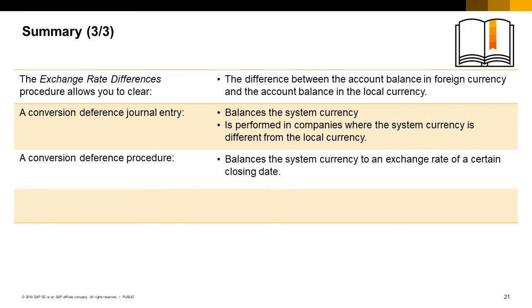The exchange rate differences procedure allows you to clear the difference between the account balance in foreign currency and the account balance in the local currency to a certain date. A conversion difference journal entry balances the system currency. It is performed in companies where the system currency is different from the local currency. A conversion difference procedure balances the system currency to an exchange rate of a certain closing date.